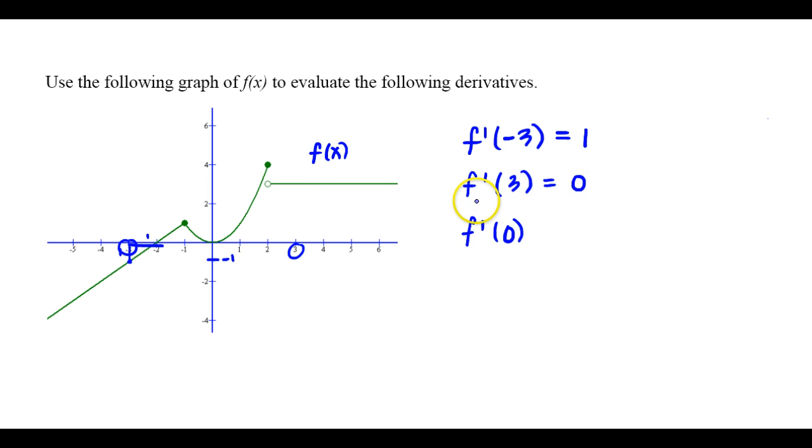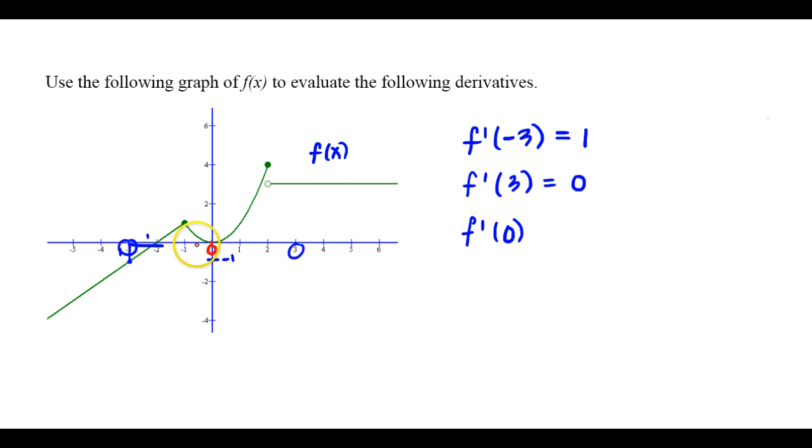Now, to build off this concept of a horizontal line, we're also going to take a look at what's going on at f prime of 0. At the x value of 0, I have this point on the graph. And remember now that the derivative is the slope of the tangent line. But this is no longer a linear function here at 0, it's a curve.